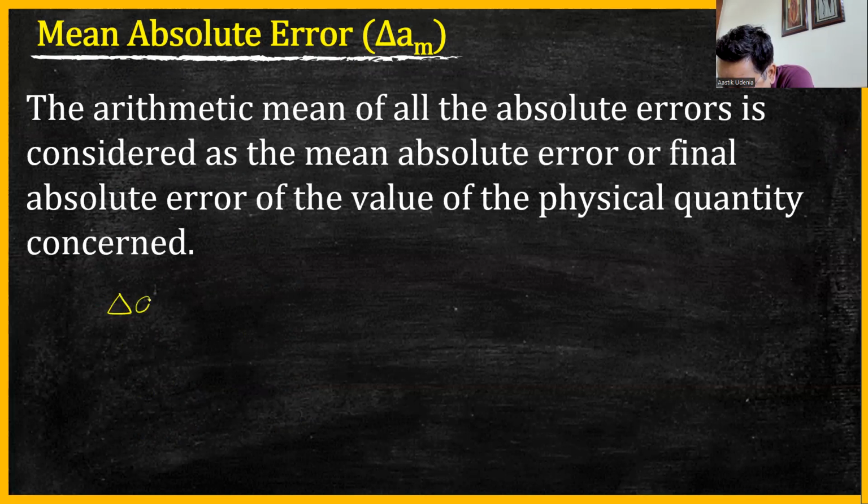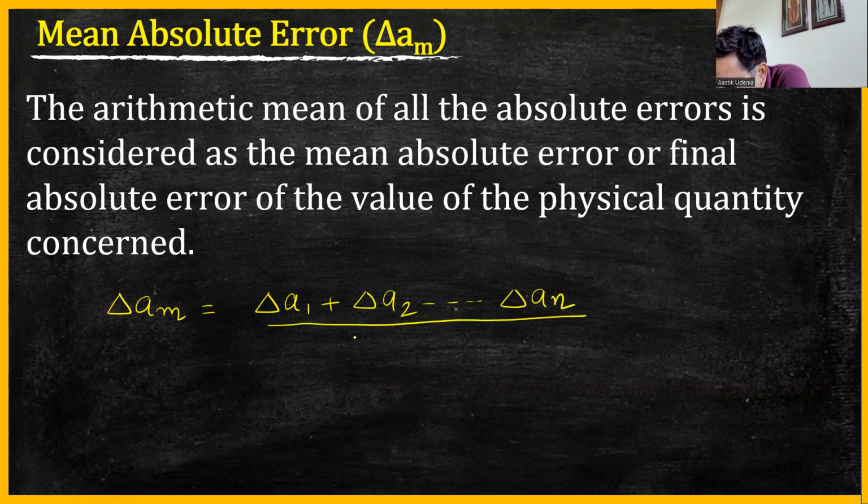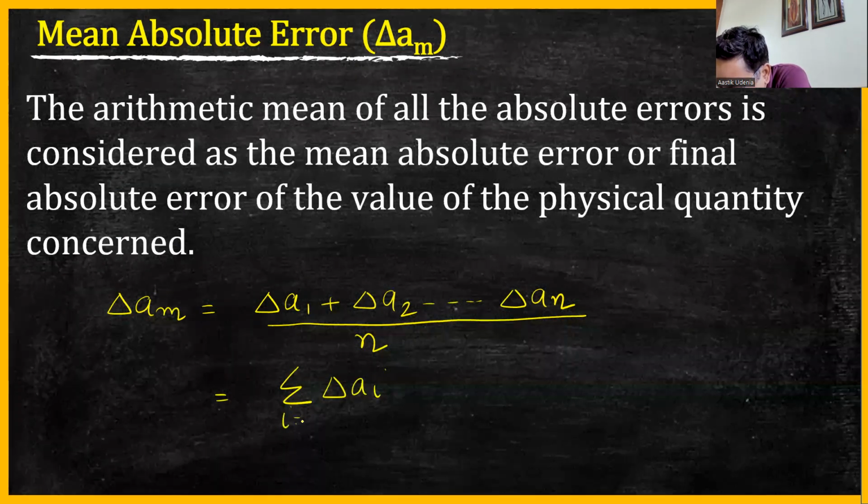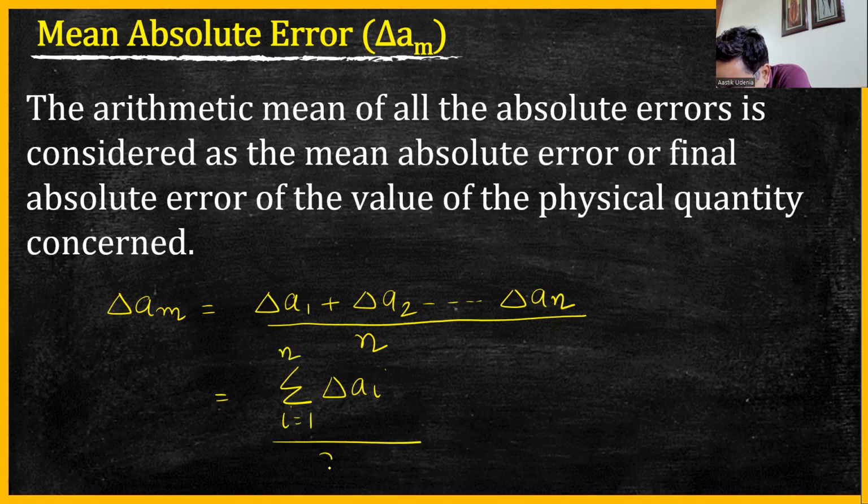So I can write delta A mean equal to delta A1 plus delta A2 up to delta An, divided by n, or the summation of delta Ai from i equals 1 to n, divided by n. This would be known as mean absolute error, or mean of absolute errors. I'll give you a minute to note this down. Done.